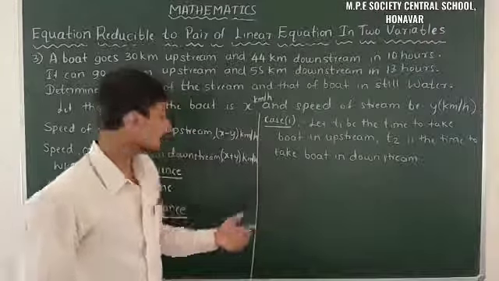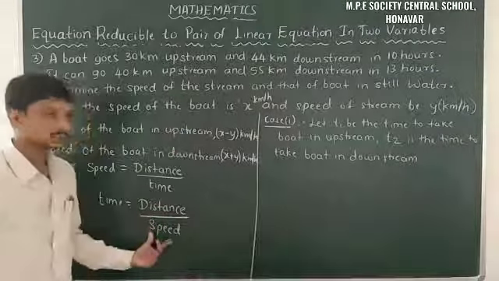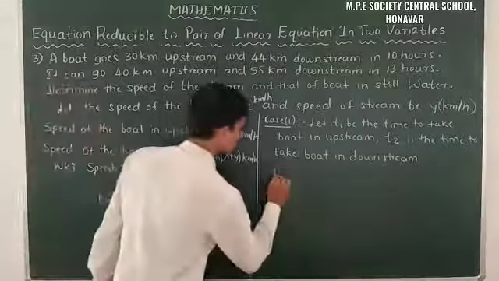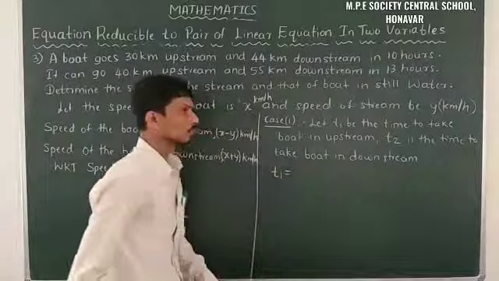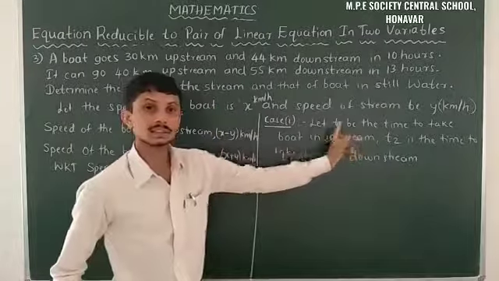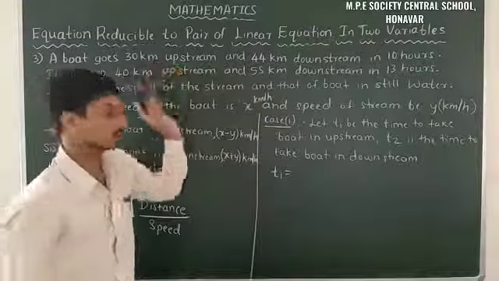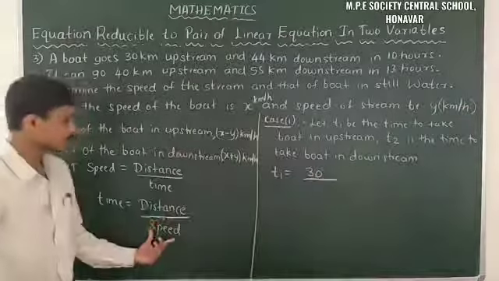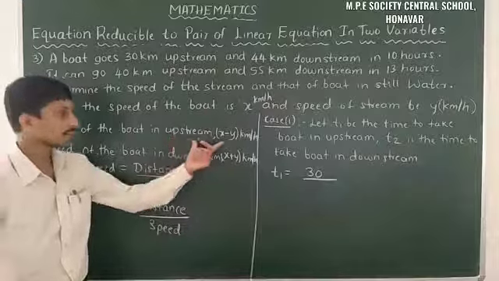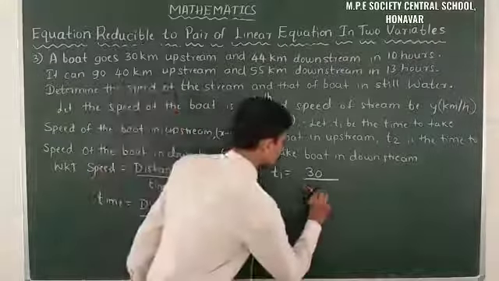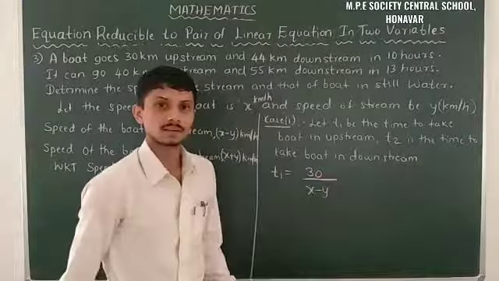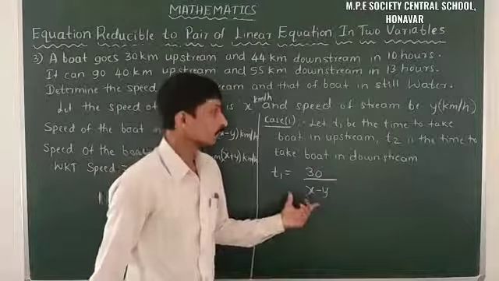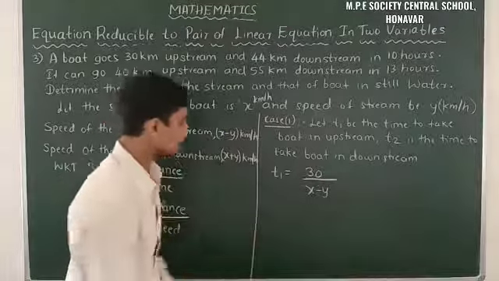So how can we write that? T1 is equal to distance by speed. So how can I take the distance? In upstream it's 30 kilometers. What is the speed here? Speed in the upstream is x minus y kilometers per hour. Then we have to find the value of T2.